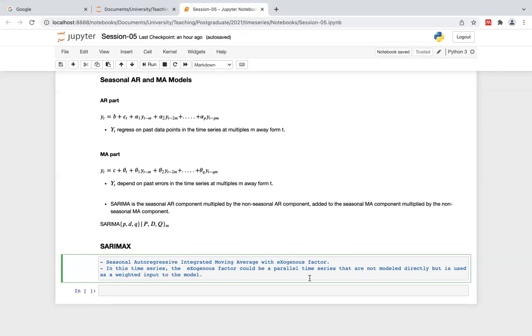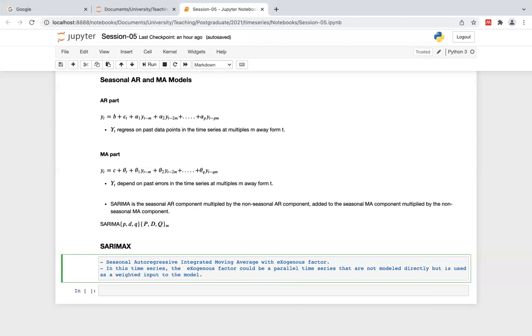Using this exogenous factor X, we can input some additional parameters or additional data or additional time series into the model as a weighted input. That's what we use this X component for.